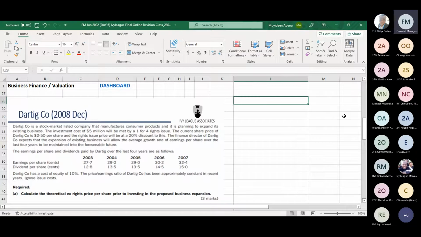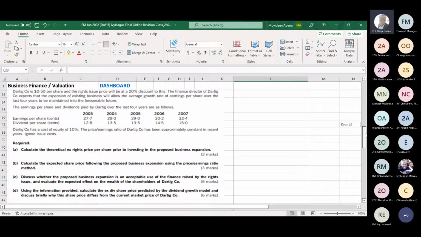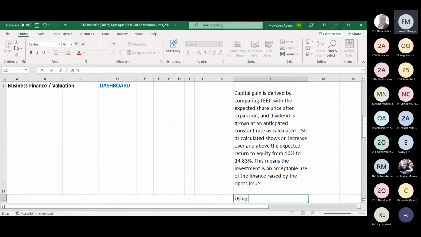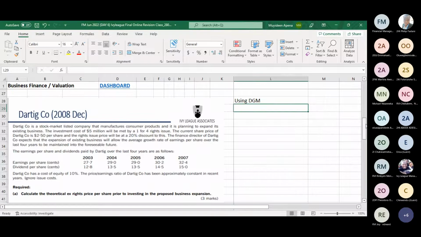All right, so using the dividend growth model, we know the current dividend. We already have it up there. We know the growth in dividend. We also have calculated that. Are we following? Yes, sir.